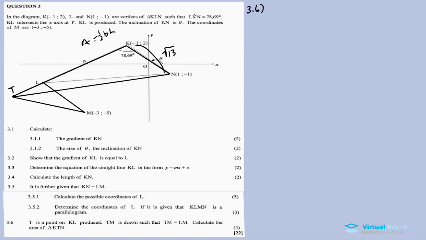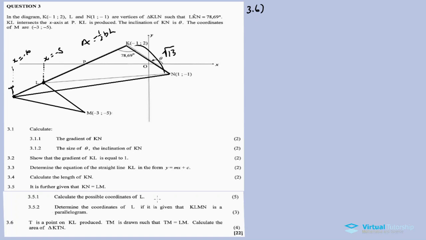Remember, this length is equal to this length. TM is equal to LM. Remember this thing we calculated here, it turns out x equal to -5. It's the x value for this one.